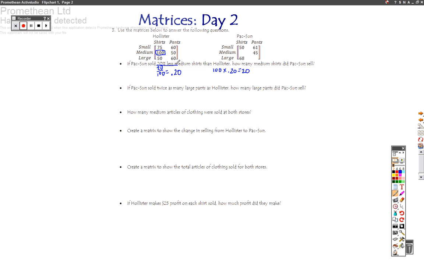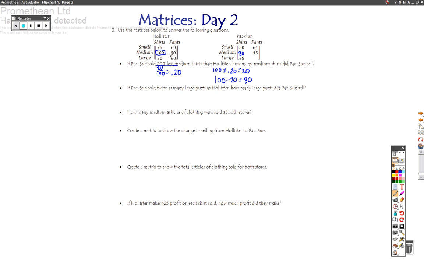Because it says 20% less, less is going to tell me to subtract that number from 100. So 100 minus 20 equals 80. So how many medium shirts did PacSun sell? They sold 80.